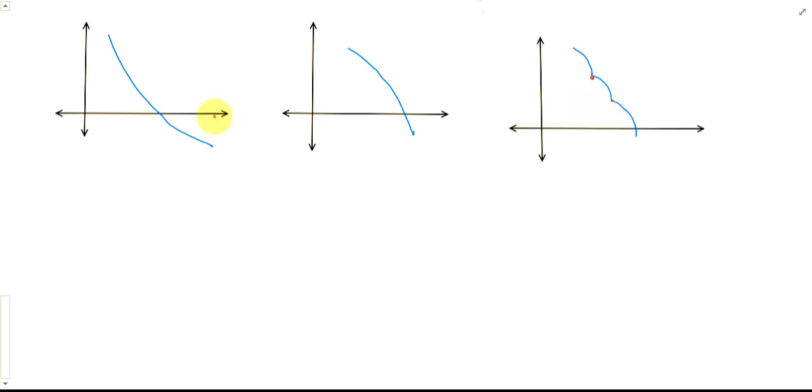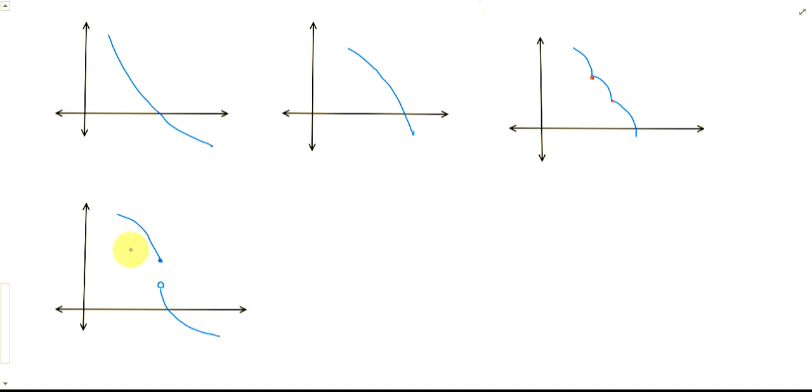We can have more graphs which can be strictly decreasing function. And this graph is discontinuous, but it is strictly decreasing.